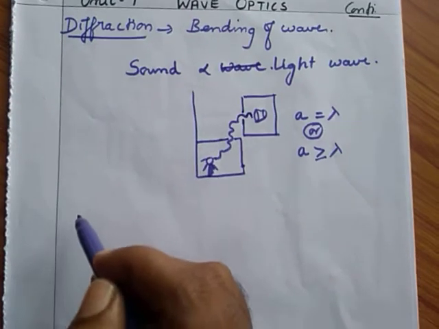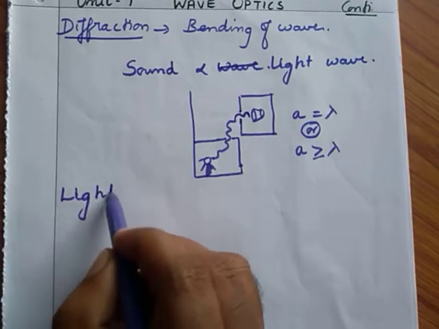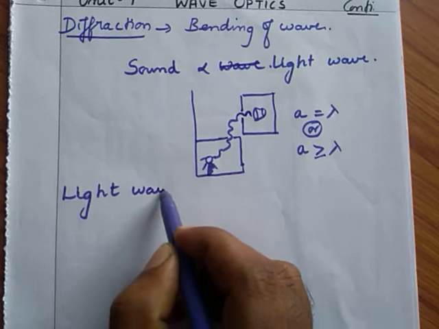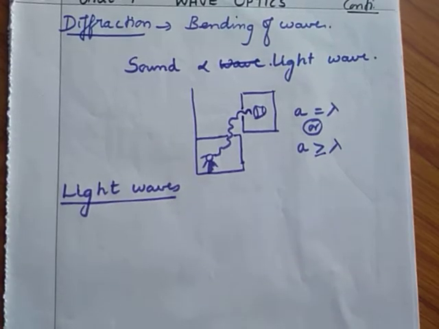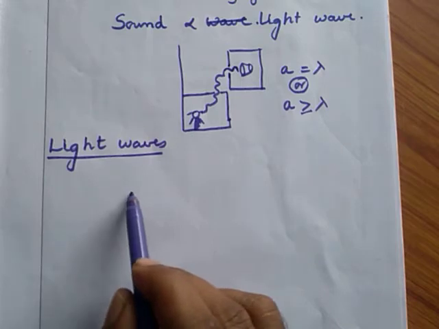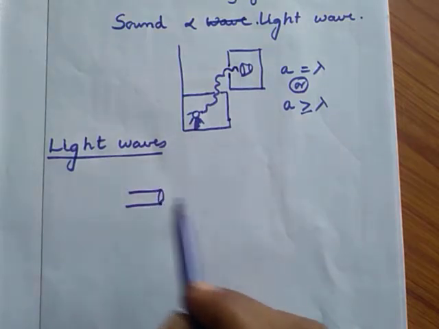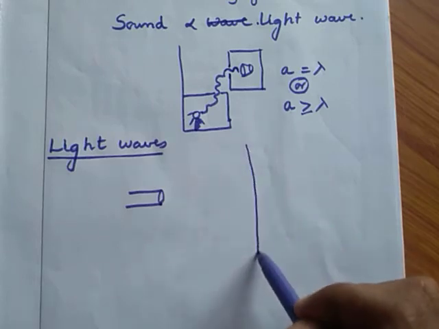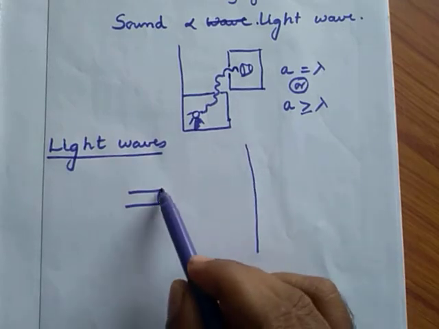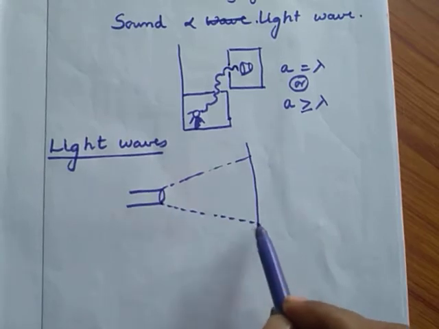Then let me explain it for light waves. Light as a wave. Suppose in a dark room I switch on a torch. Here there is a wall. On that wall we get the light like this.